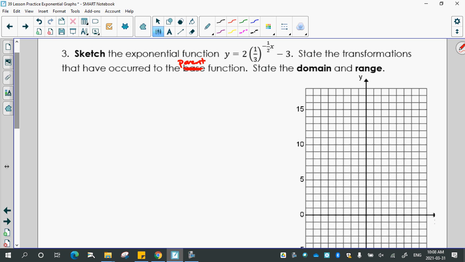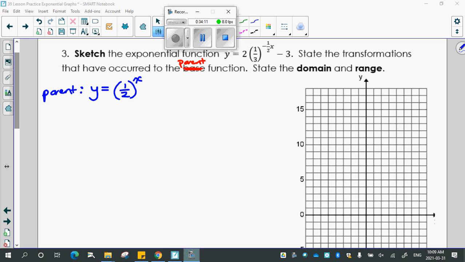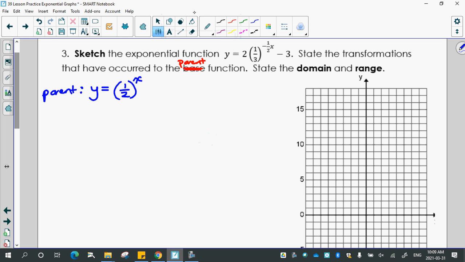So who can tell me what the parent function is? Yes, good. So you have to write it with brackets, so y equals 1/2 in brackets to the power of x. Sorry, it should be a third. Should be a third. Good.